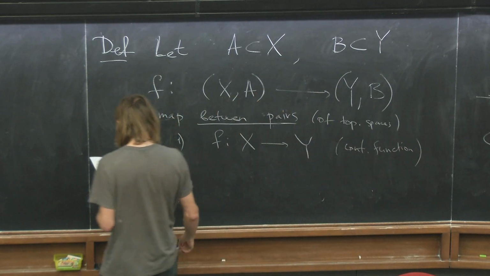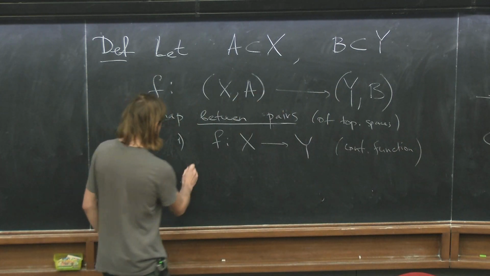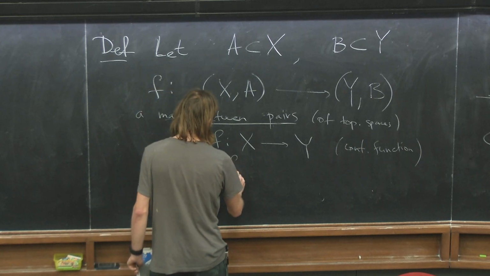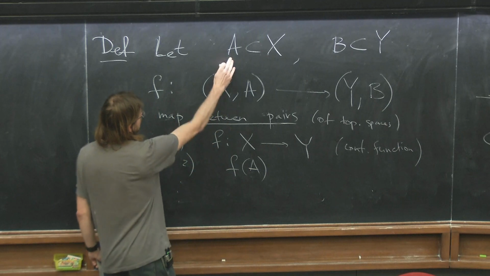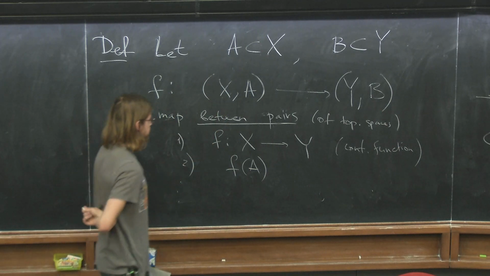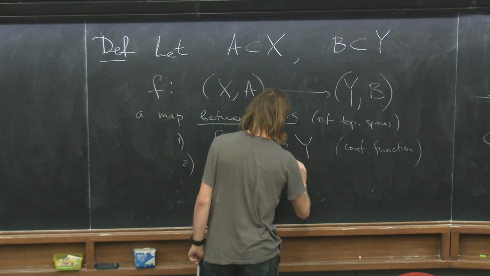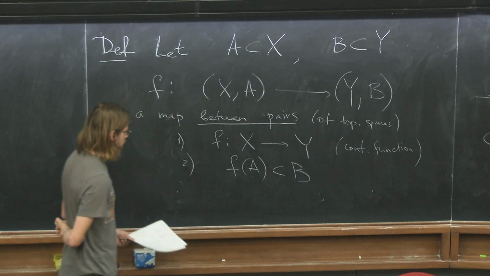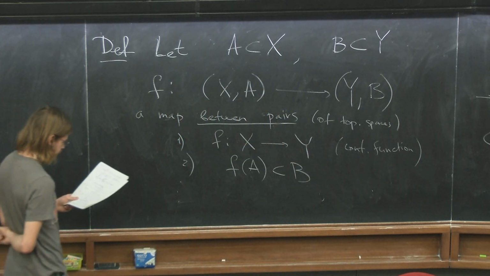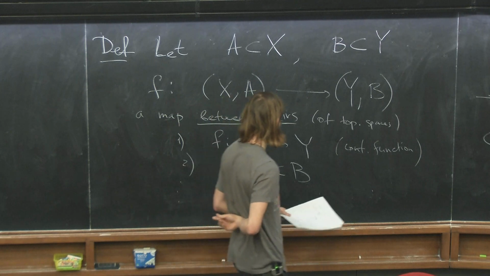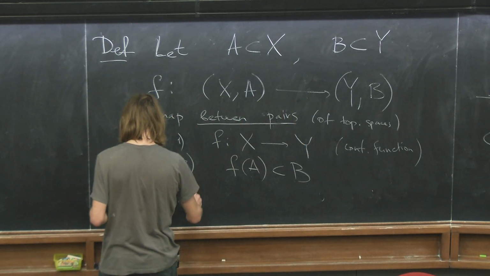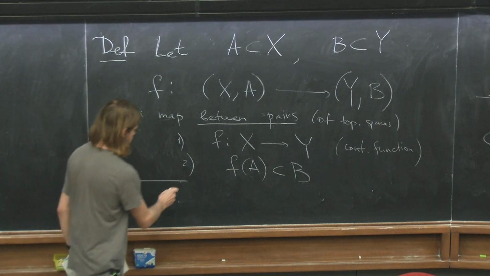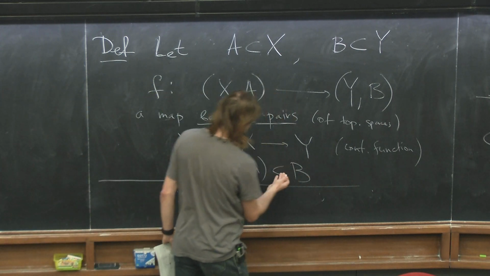But we want to require an additional condition, that the image of the subspace A is contained in B. This is a natural requirement.